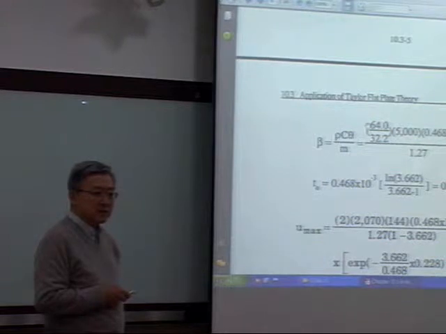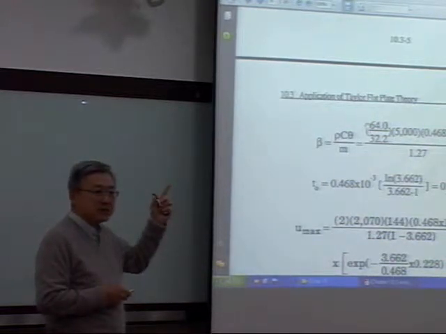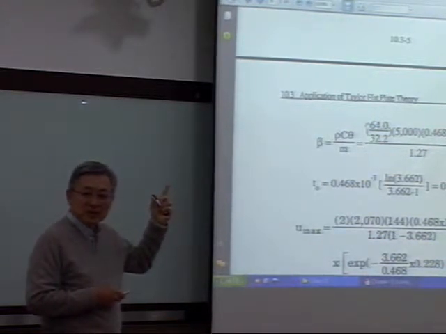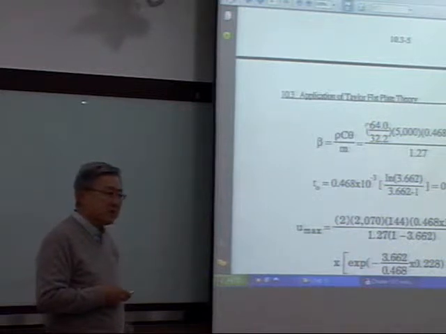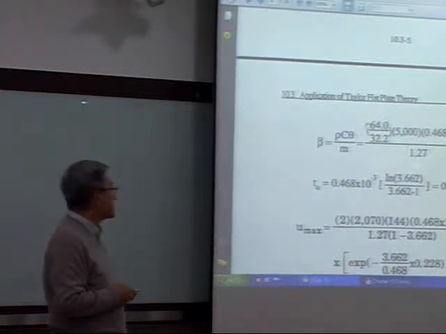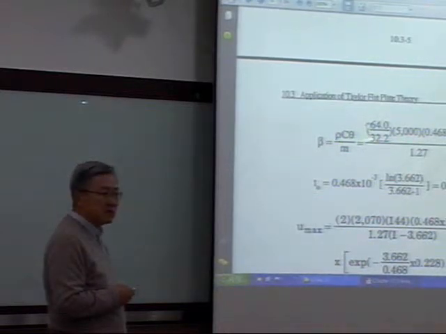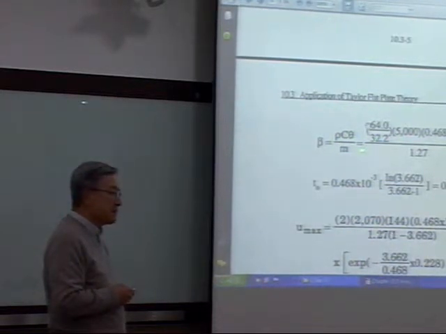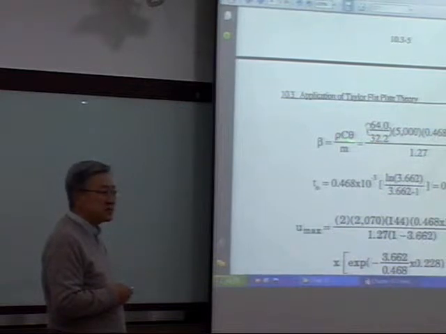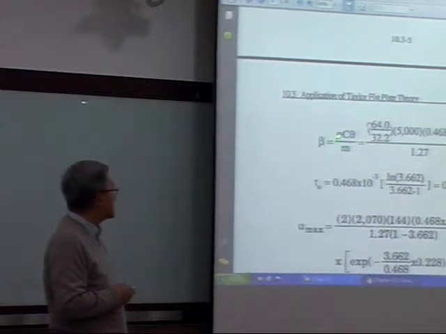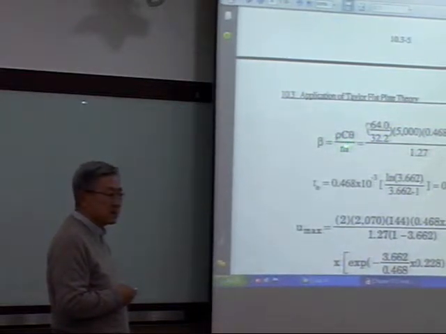Why? Because the quantity I computed was in milliseconds, so you have to divide it by 1,000. That's what this is in the picture. And rho, what's the rho? This is mass density, right? The mass density of the water.